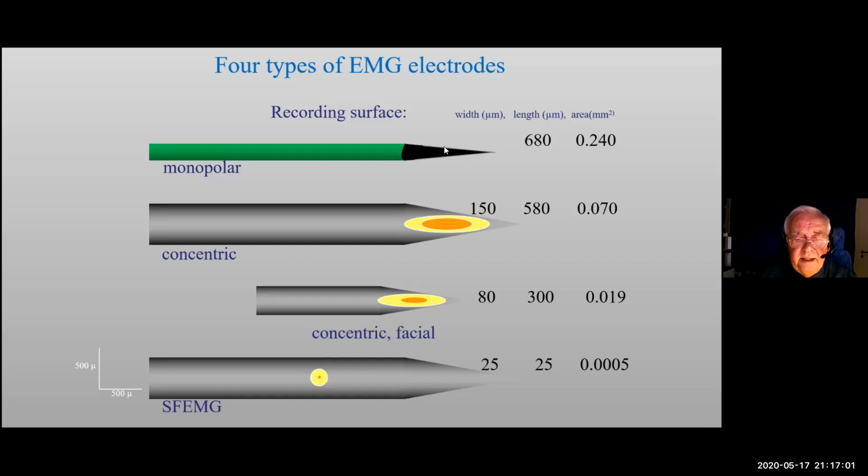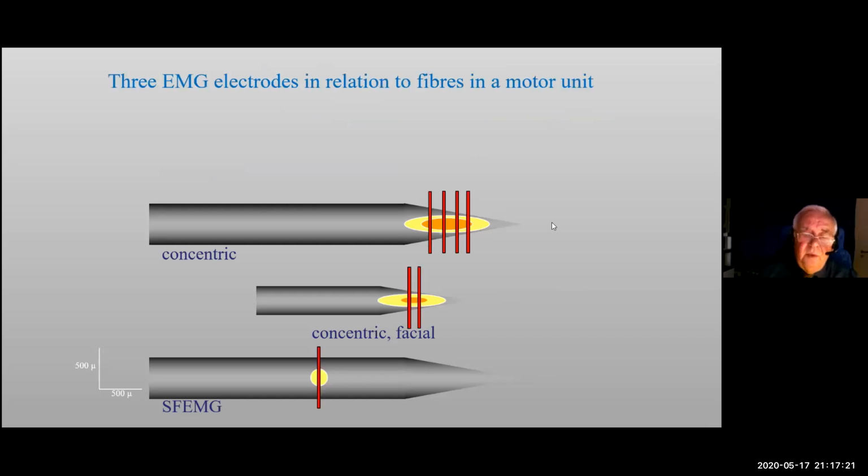Here is the recording surface of monopolar, ordinary concentric, small concentric, and single fiber. And here is the area of the recording surface. You see a very, very small area here, pretty small here, and larger here. And we know that it is 200 micron between muscle fibers in a normal motor unit.